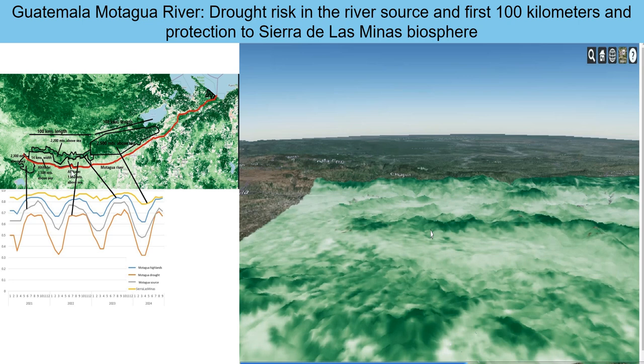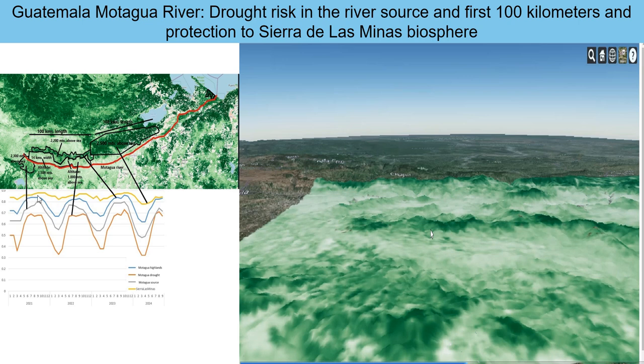The last region that we are researching here is the Sierra de las Minas. We can see here that it has the highest level of photosynthesis. It oscillates between 0.8 and 0.9 from 2021 to 2024. And we can see that due to the high level of forestry and tree coverage, it almost does not have an effect between the summer and the rainy season.